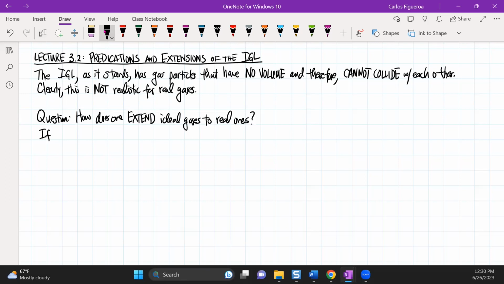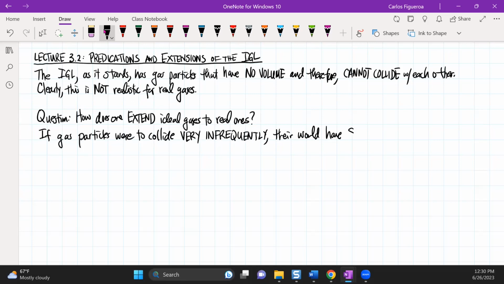If gas particles were to collide very infrequently, they would have small but non-zero volumes.